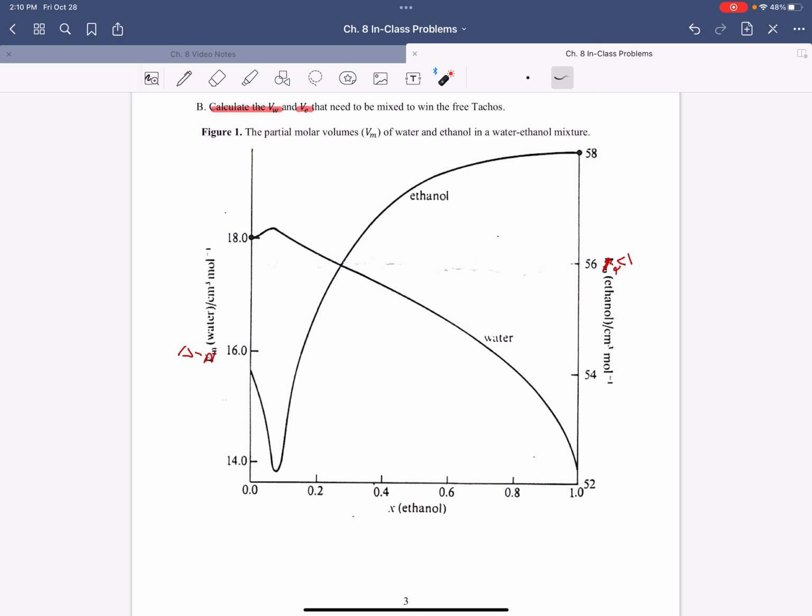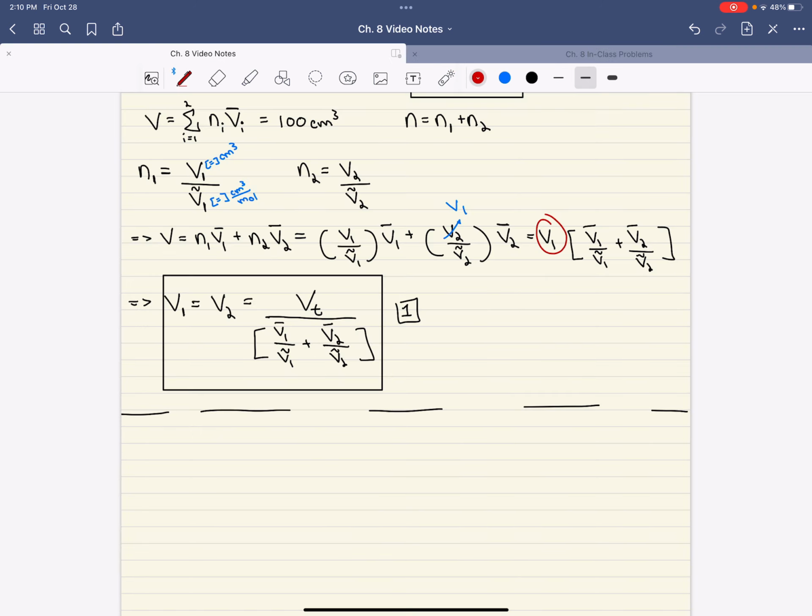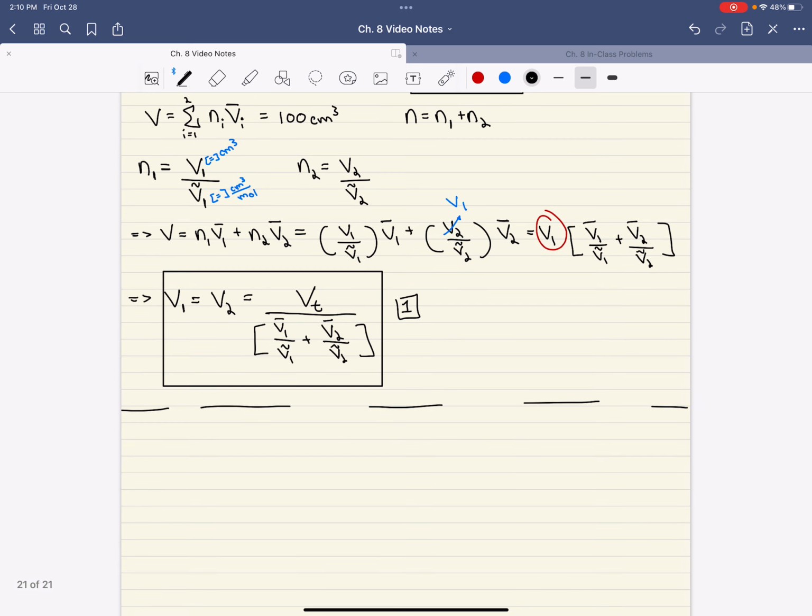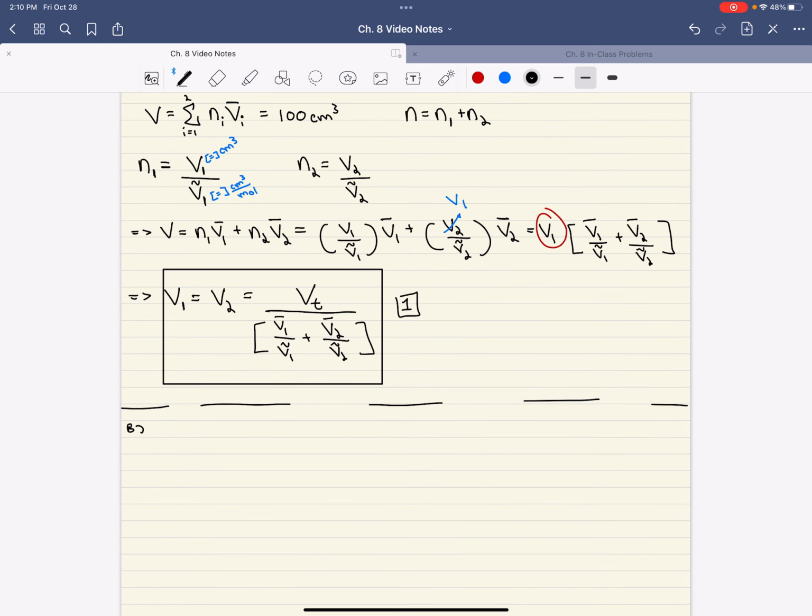All right? But that's the issue here, right? We actually don't have any mole fractions at the moment. That's essentially what we want to figure out. All right? And so to vocalize this, we know V, V1 molar, and V2 molar, but we don't know X1 or X2.